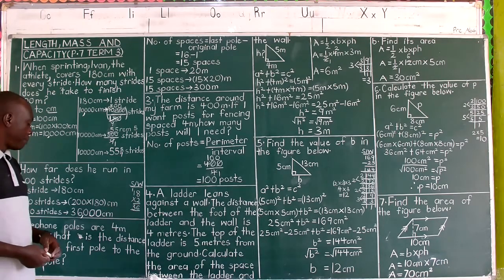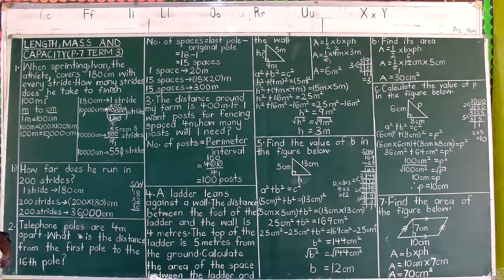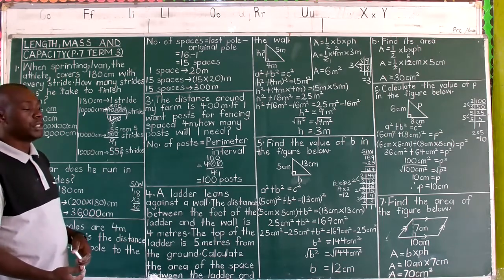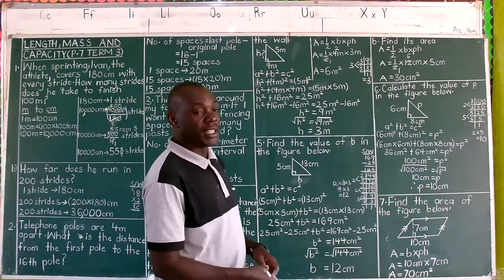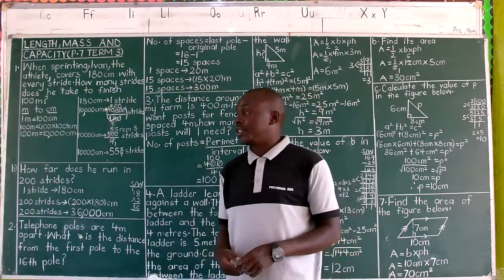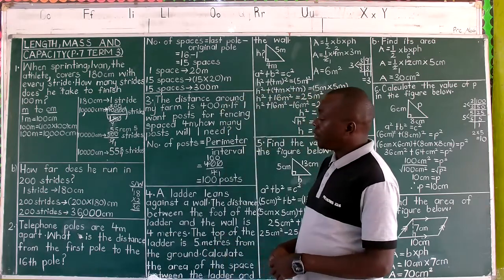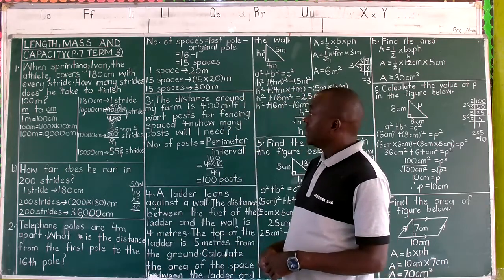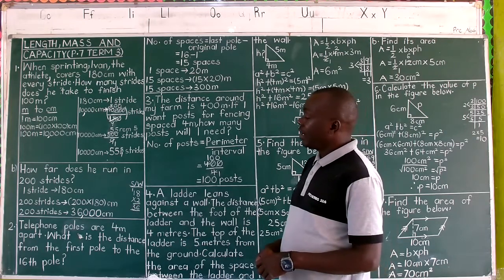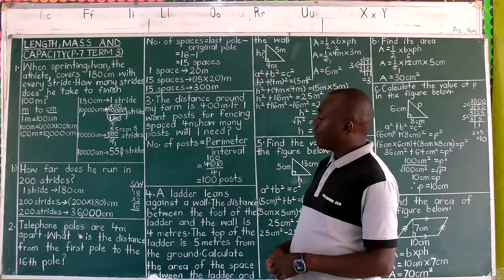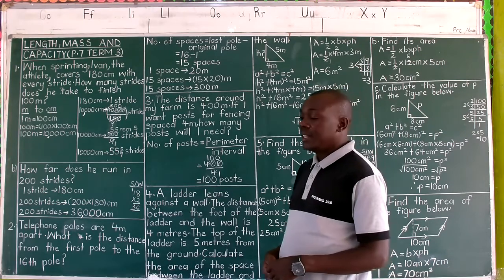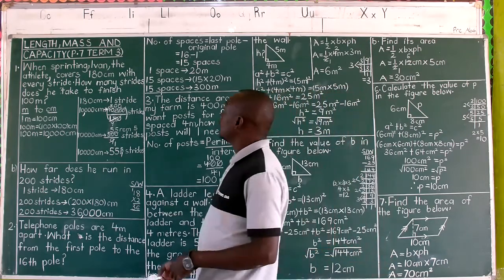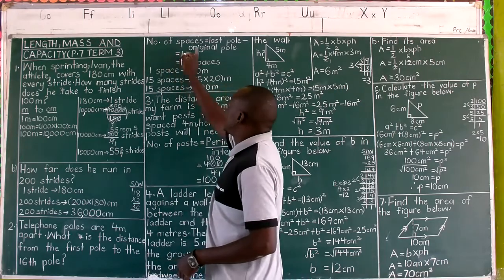So they are placed 4 meters apart, meaning from one pole to the other we have 4 meters. That's the interval at which these poles are placed. So if that's true, we must know how many 4 meter spaces are in between the first and the said 16th pole. So we go and find the number of spaces.